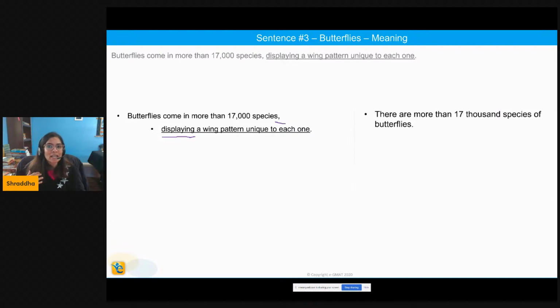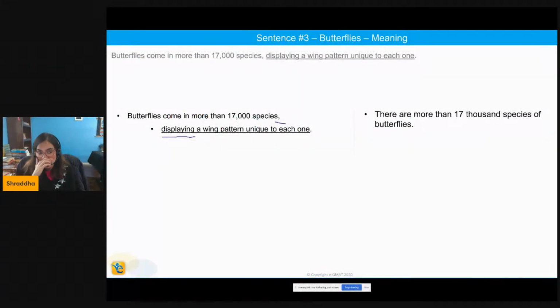So can I say it's presenting the how aspect of it? Butterflies come in more than 17,000 species by displaying a wing pattern. No, I mean, the fact is that they come in 17,000 species and they display a wing pattern, not that their action of displaying a wing pattern has got anything to do with them coming in 17,000 species.